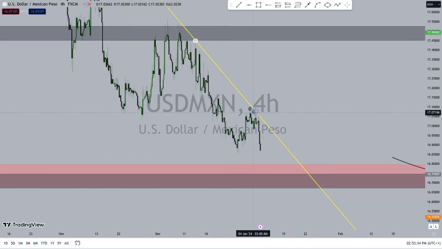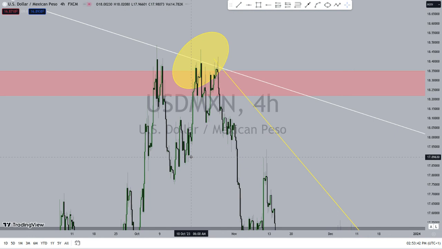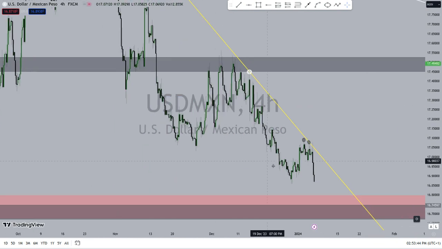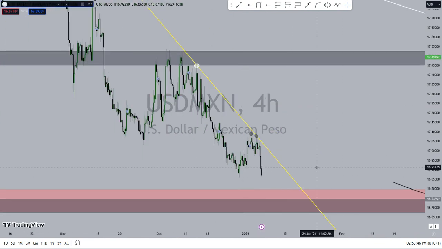But best believe once we see price sustain this bar without breaking below it, then we should be going long. This is a counter trend line which I drew, which will also help us to enter the trade. Once we see price break above this counter trend line, we'll be long on USD Mexican peso.